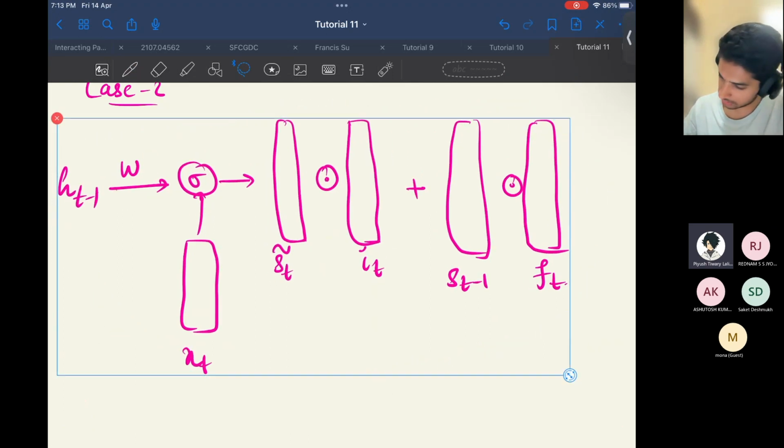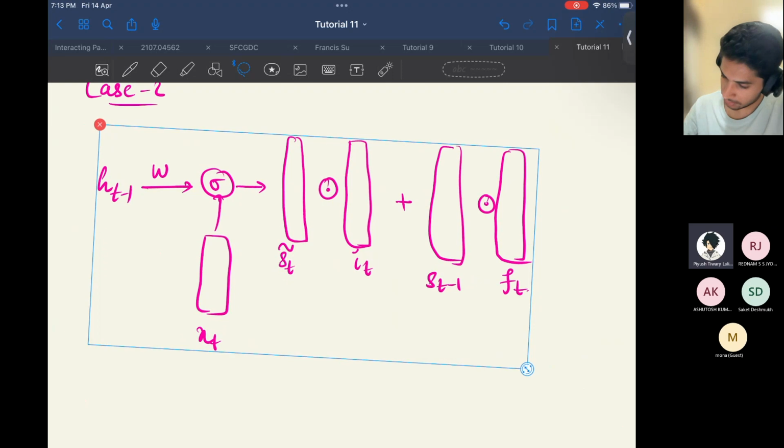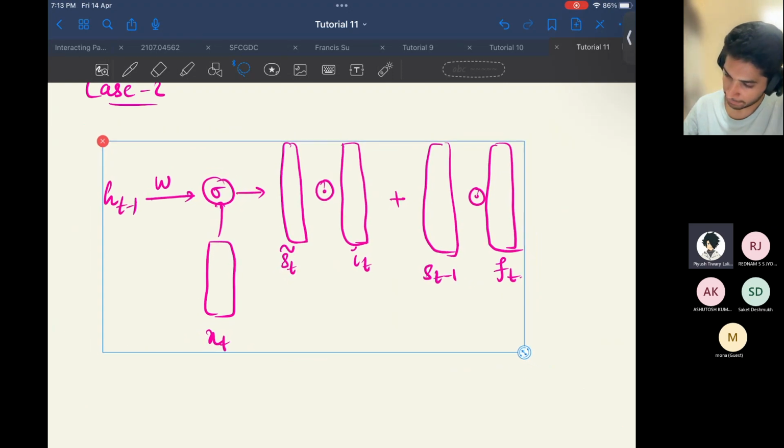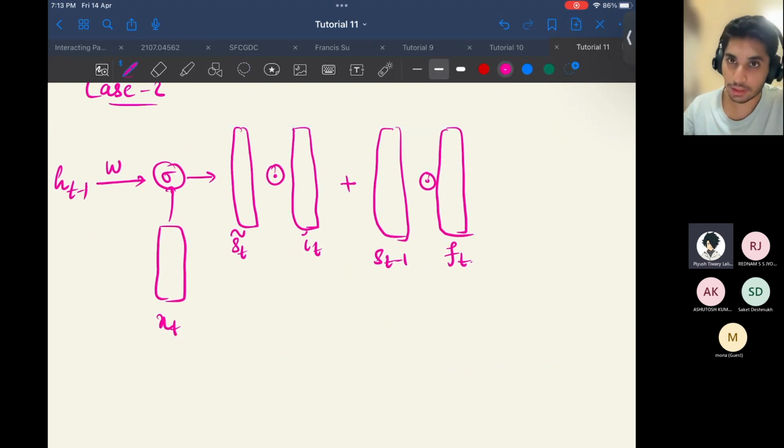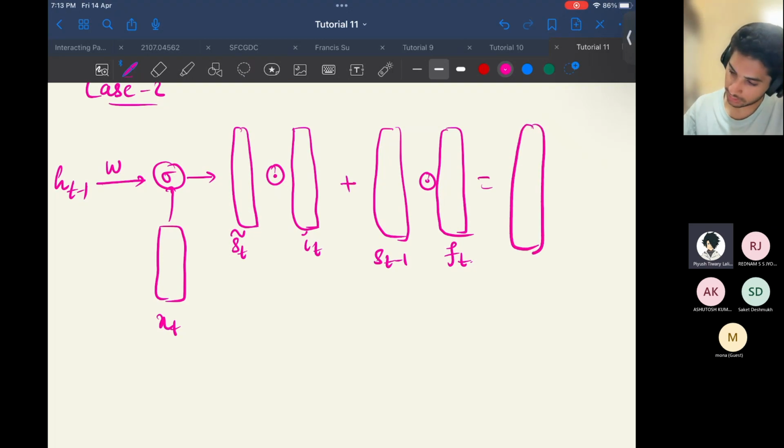Let me resize. Okay, great. So the output of these operations will give me something called st.